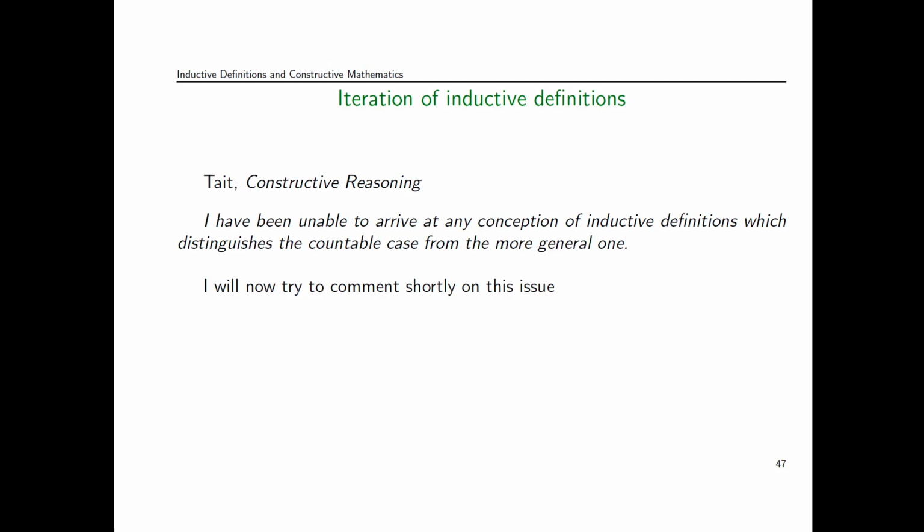So for Tait, as soon as you accept ID1, you should accept ID2, ID3, and so on as well. W-types and so on. I want to end with a short comment on this issue.